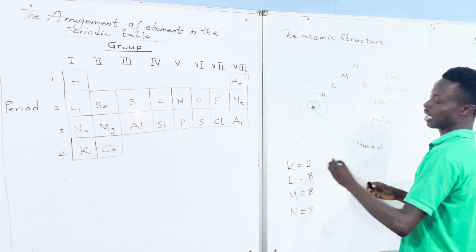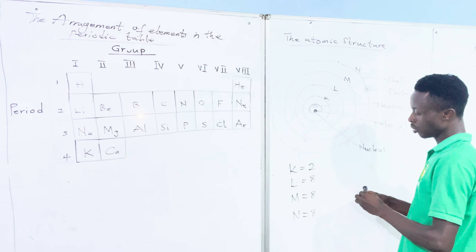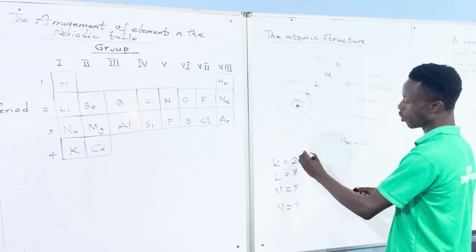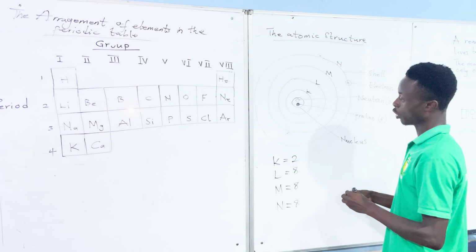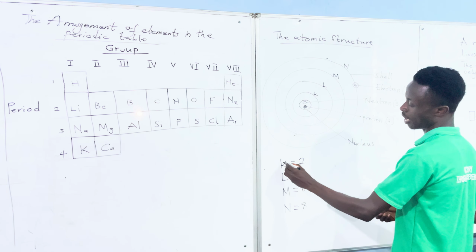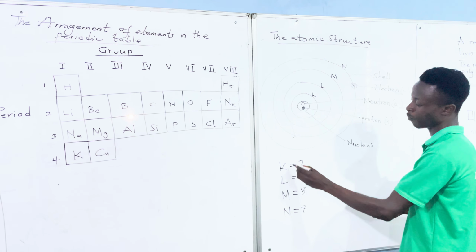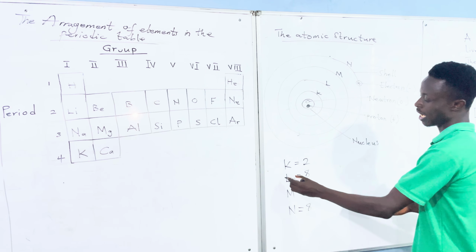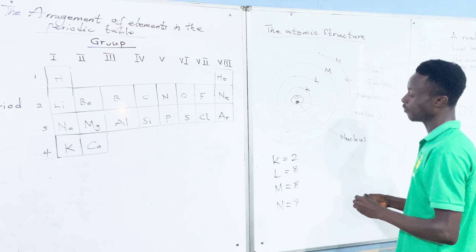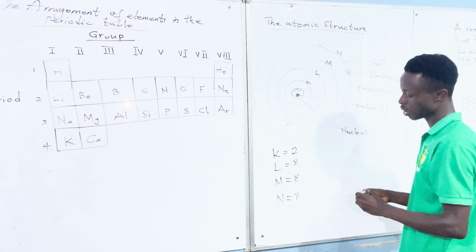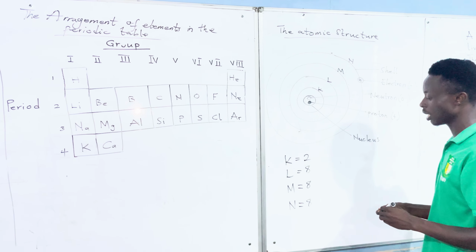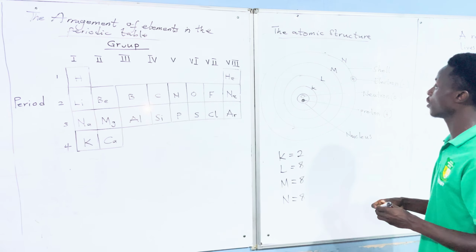Remember, these numbers tell you whether the atom is stable, whether the shells are fully filled or not. So the K shell needs 2 electrons to be fully filled. The L shell needs 8 electrons to be fully filled. The M shell takes 8 electrons, and the N shell also takes 8 electrons to be fully filled.